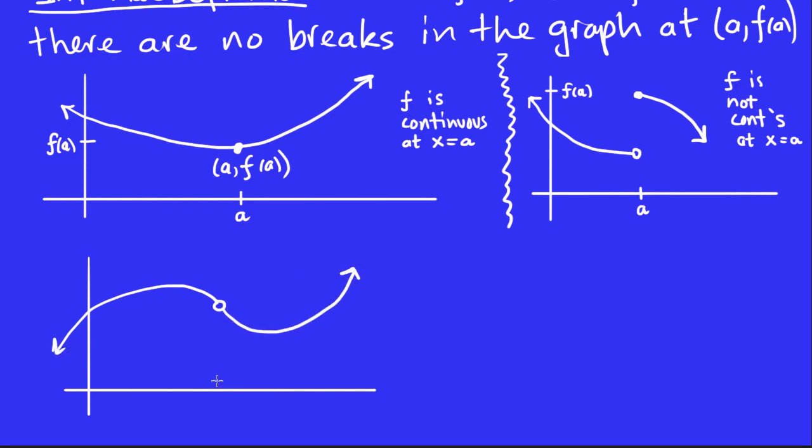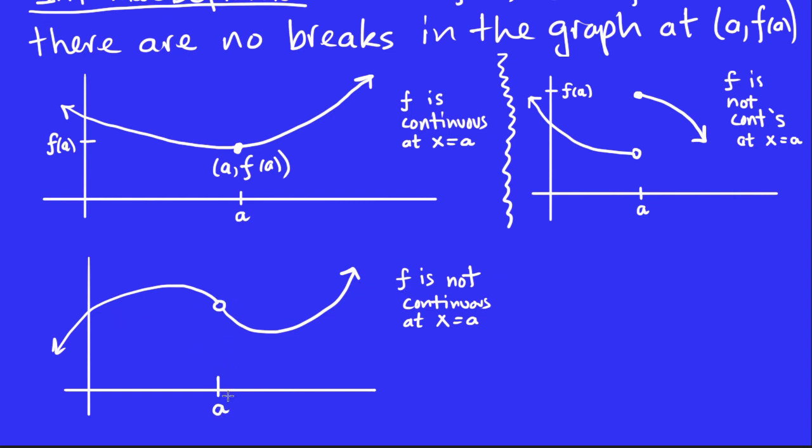Let's look at this graph. Is f continuous at a in this example or not? Well, it's not, because we have an open dot, so f of a is not even defined here. So in this case, f is not continuous at x equals a. Now remember, a is just like any number, like 5 or -3 or whatever. I like to use letters because it keeps it general.